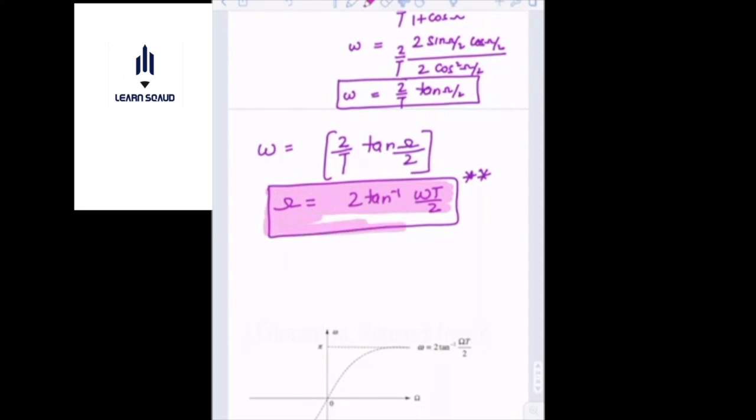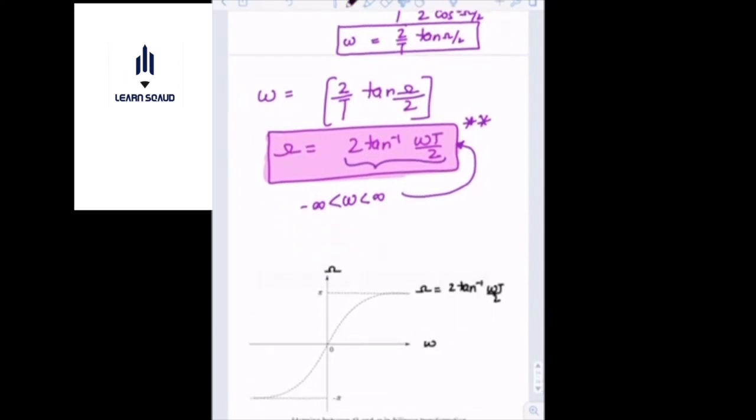Okay, now as we know that omega varies from minus infinity to infinity. Now if I put omega values from minus infinity to infinity, then this tan inverse will only give me the values from pi to minus pi. Now this is the plot between the digital frequency and the continuous frequency.